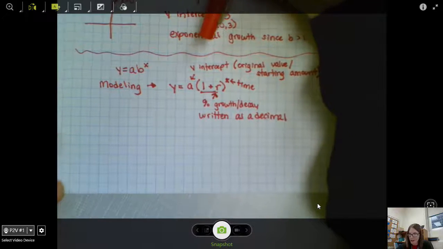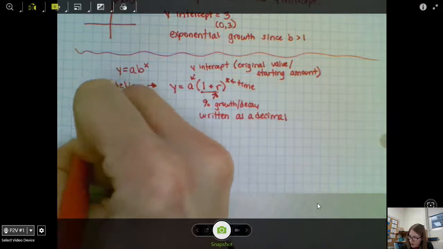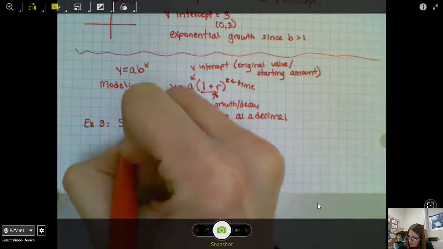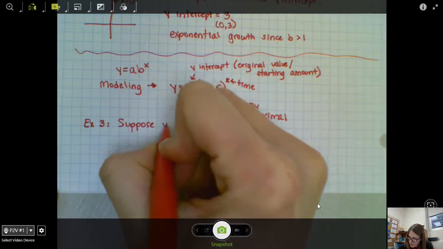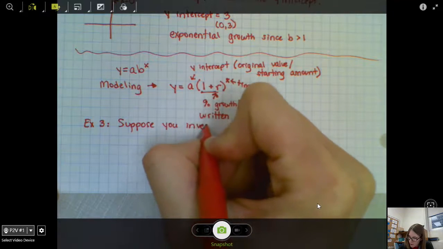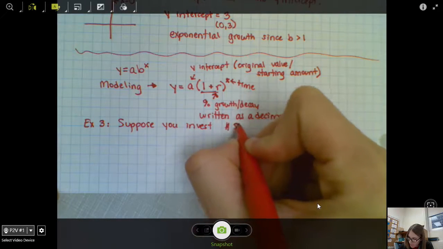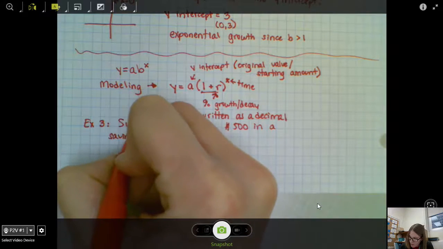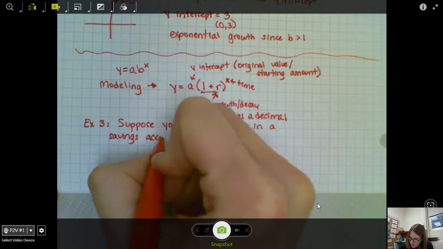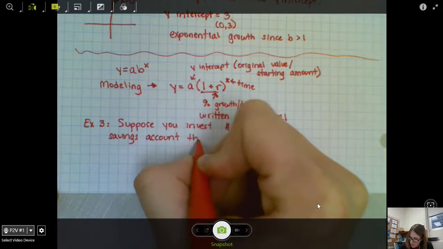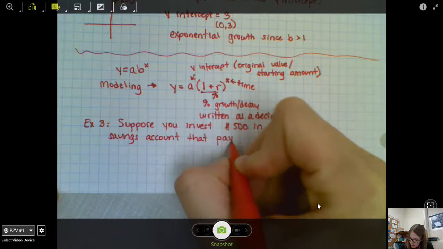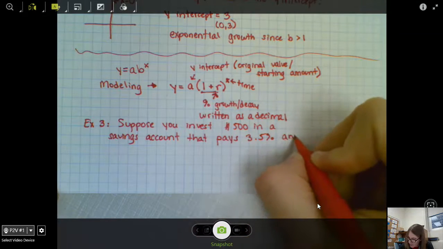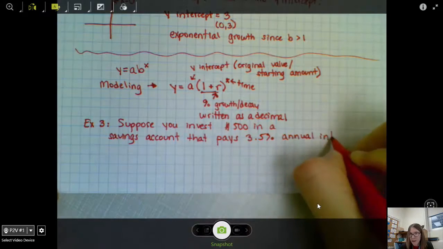But here is a modeling example. Example 3. Suppose you invest $500 in a savings account that pays 3.5% annual interest.